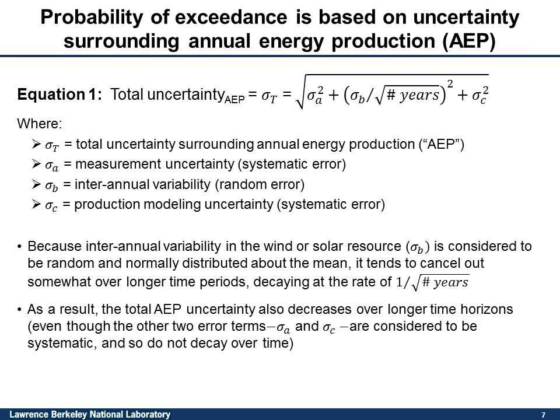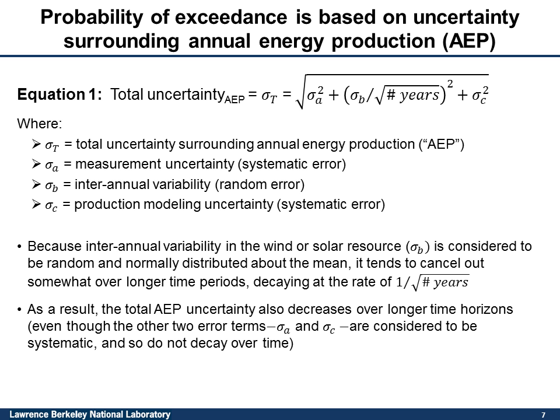So as I've already mentioned, probability of exceedance is really based on or determined by the uncertainty surrounding annual energy production. And that uncertainty has three main elements: measurement error and interannual variability of the underlying resource, and then also modeling error when converting the measured resource into a production estimate.